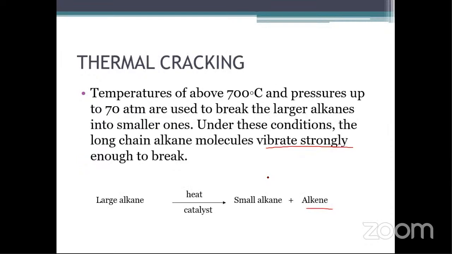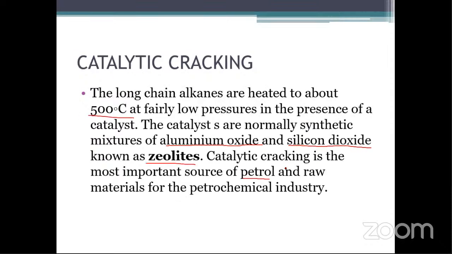Thermal cracking uses 700 degrees Celsius and 70 atmospheres of pressure, and that causes the long chain alkane to vibrate and break. Catalytic cracking uses 500 degrees Celsius, low pressure, and a catalyst known as zeolites. This catalyst is made up of aluminum oxide and silicon dioxide.